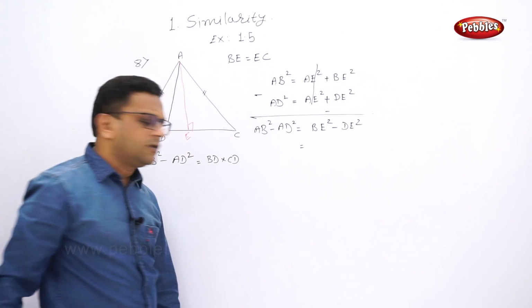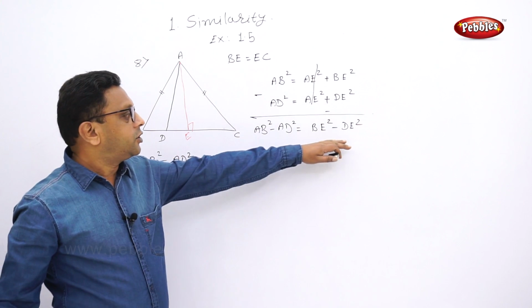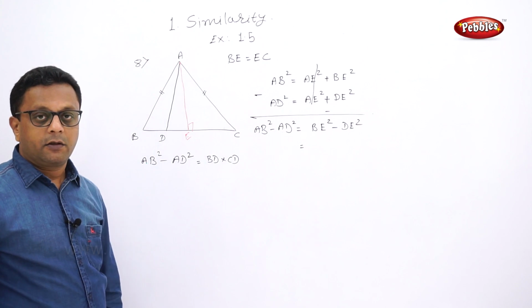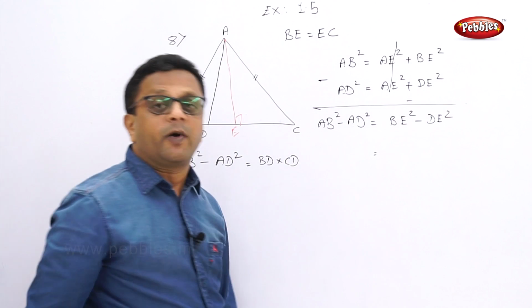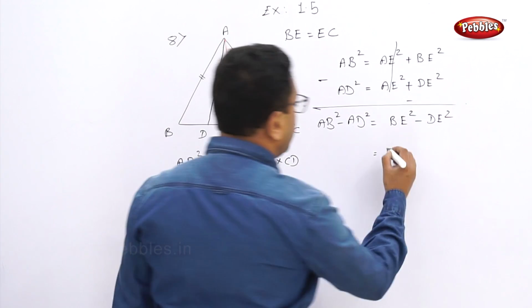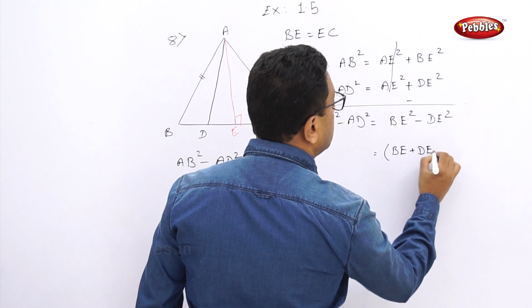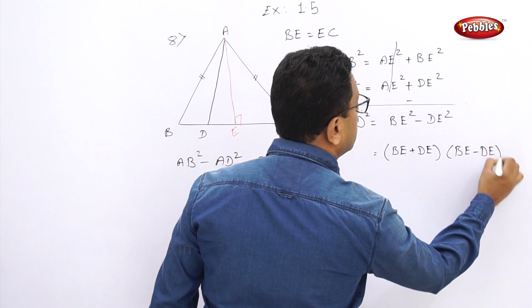On the left hand side we want it as it is, but on this side we want BD and CD; we don't want E involved in this case. So now here we'll use the property x square minus y square is equal to x plus y into x minus y. So BE plus DE and BE minus DE.